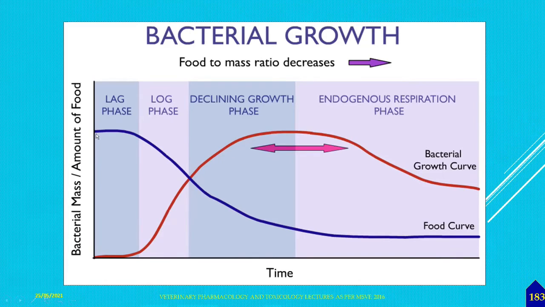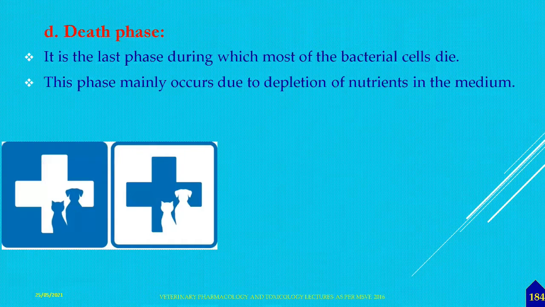This is the food available to the bacteria, especially in a culture media. The food resource goes on decreasing, and as the food available decreases, the endogenous respiration phase declines, and ultimately the bacteria are going to die as they secrete endotoxins. And the last one is the death phase.